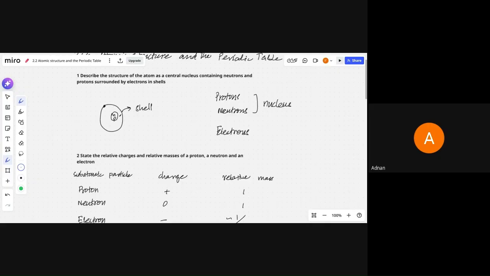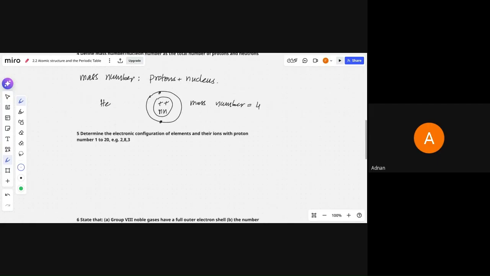So we can have many shells in an atom depending on how many electrons it has. Let's say this is a nucleus. The maximum number of electrons that can be accommodated in the first shell is 2. In the second shell, we can have 8 electrons at maximum.